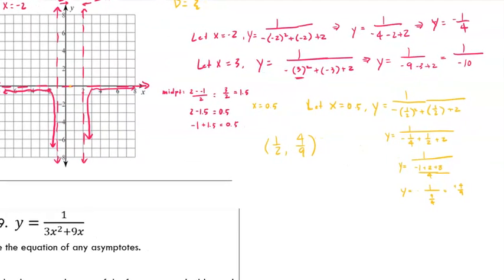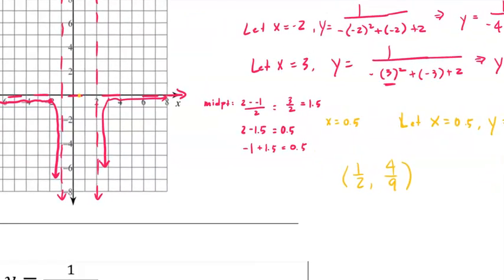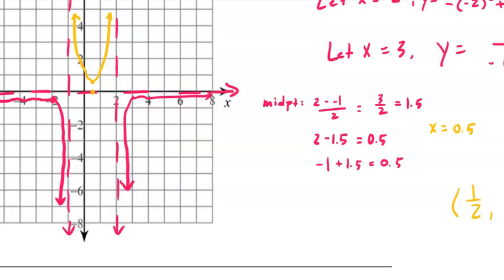So let's go ahead and graph it. 1/2 and 4 over 9 is about 0.4. Somewhere here. Okay. It's going to be the lowest point right here. Okay. So if you look at the range, the horizontal asymptote, yes, was y equals 0.